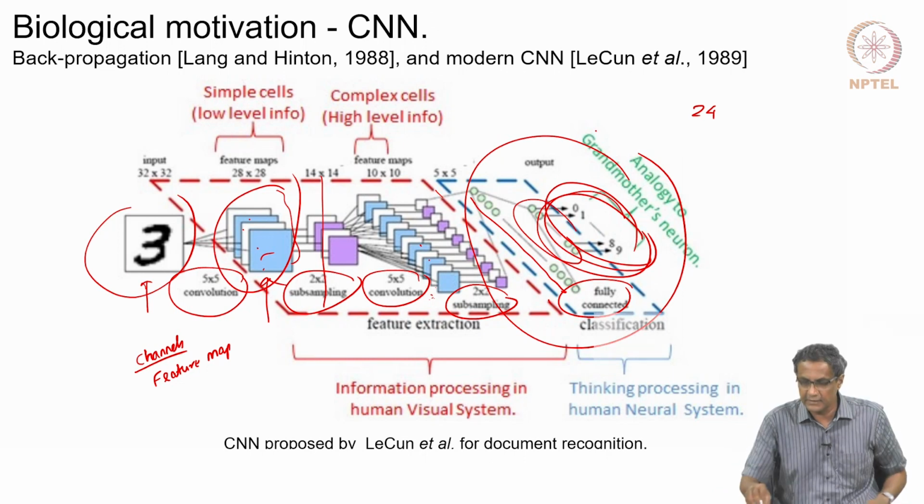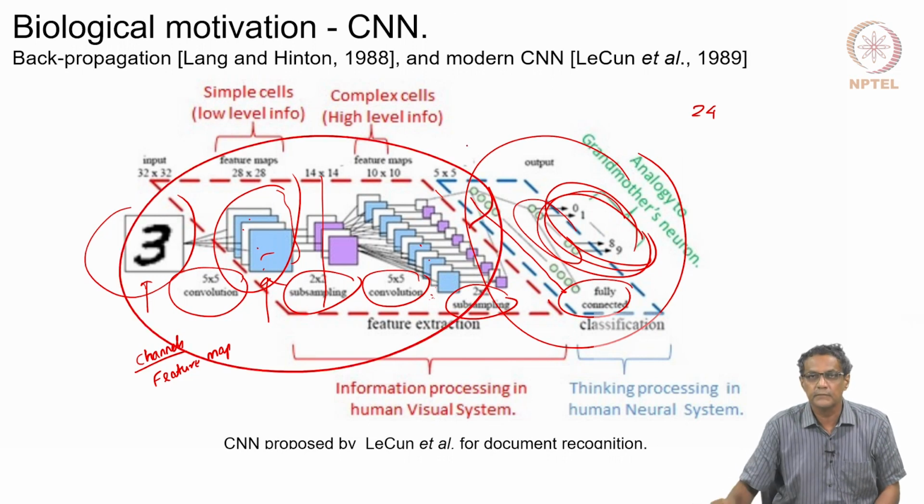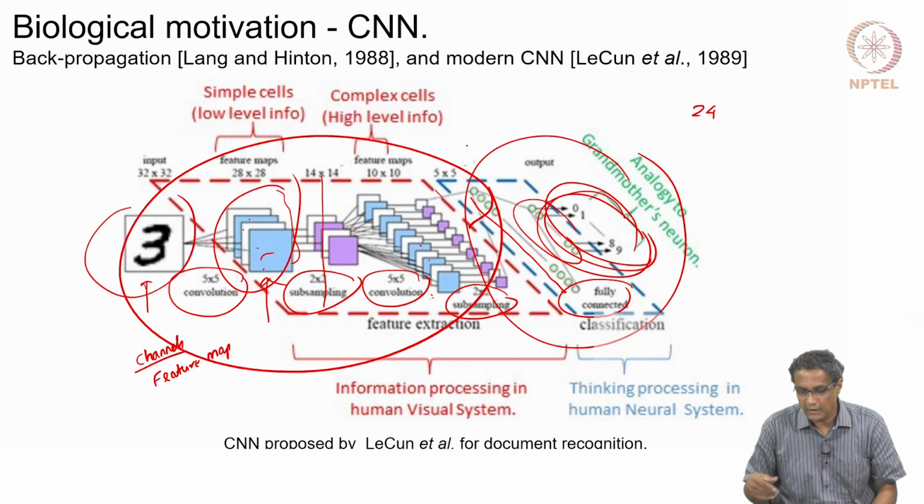In this region you would have been very frugal, because you just have 8 feature maps with a 3 cross 3 filter. If you look at the number of unknowns, it's hardly anything. It's local, you have shared the weights, so the number of unknowns is very, very small. But the moment you go to a fully connected layer, you see that things are blowing up. Of course, the weights here also blow up depending upon the number of feature maps you ask for.